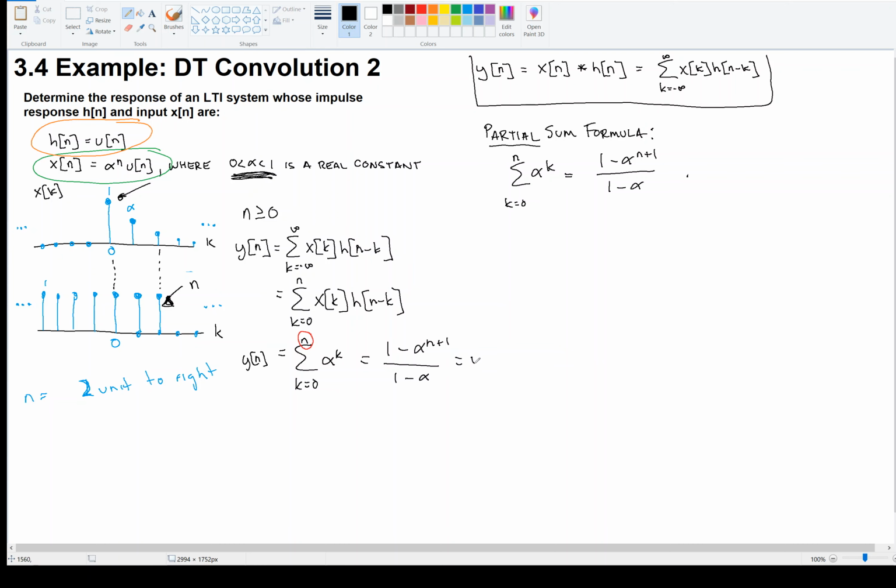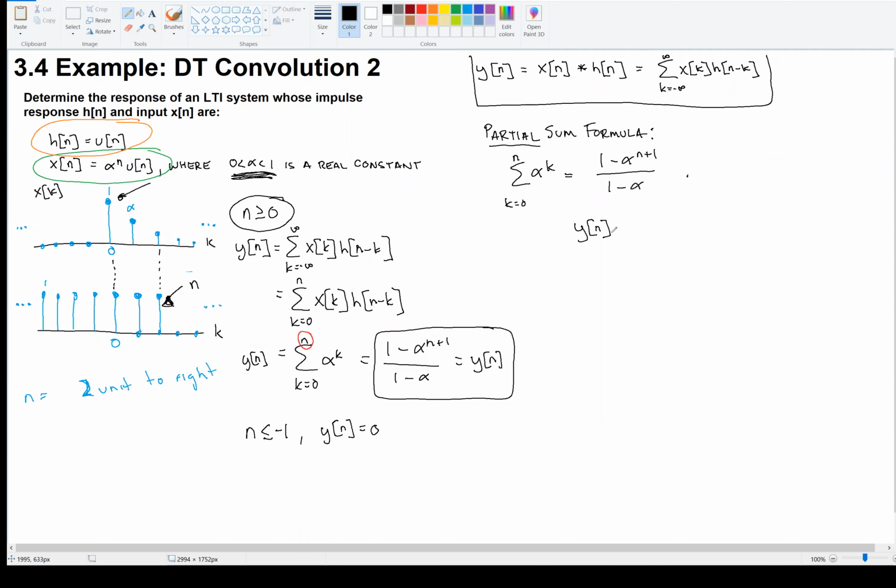And so this is it. I just erased it, unfortunately, but recall that this was only true for n greater than or equal to 0. For n less than or equal to minus 1, we had y of n equal to 0. And so if we combine those things, we can write it piecewise.